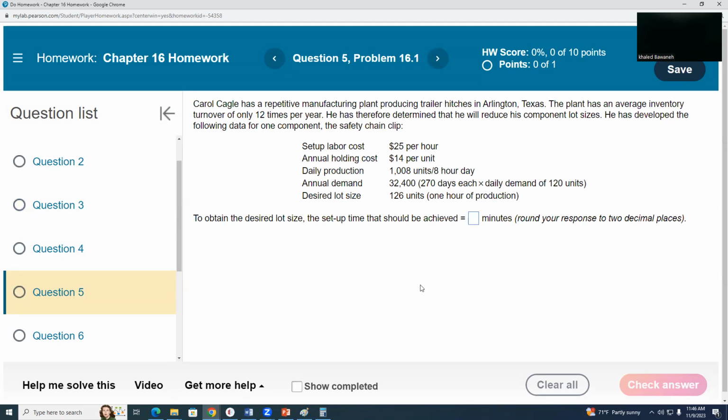The plant has an average inventory turnover of only 12 times per year. She has therefore determined that she will reduce the component lot size. She has developed the following data: setup labor cost, annual holding cost, daily production rate, annual demand, desired lot size.